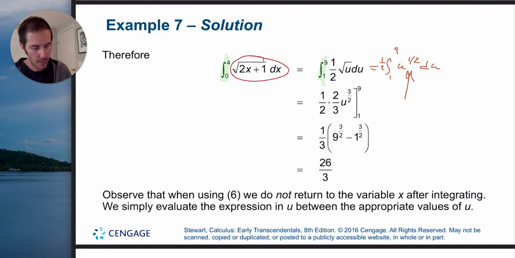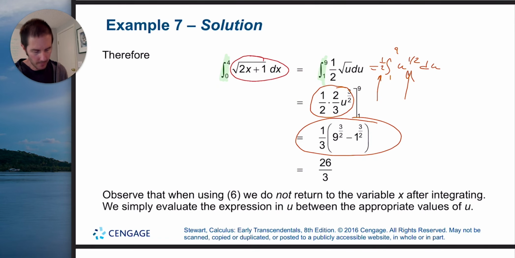Increase the exponent by 1, divide by the new exponent, which would be 3/2, which is the same thing as multiplying by 2/3. Don't forget to bring that multiple of 1/2 along with you, and then you get this expression right here. And now we're going to plug in the 9 and the 1 because we're integrating from 1 to 9, so we have to do capital F of 9 minus capital F of 1, and that's what's happening right down here.